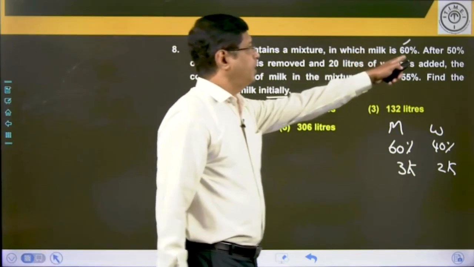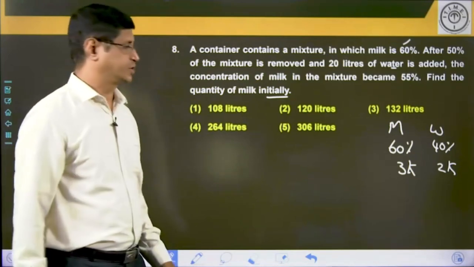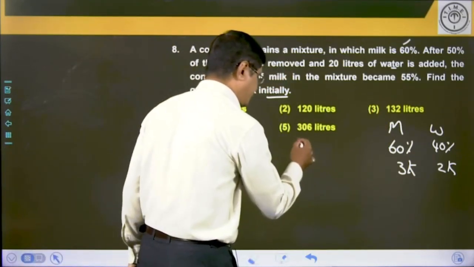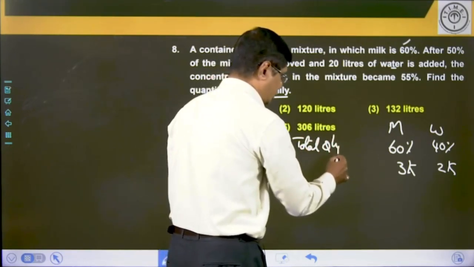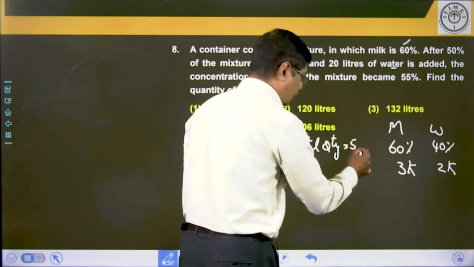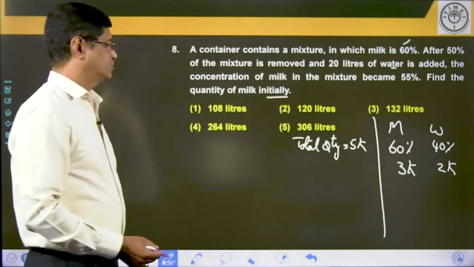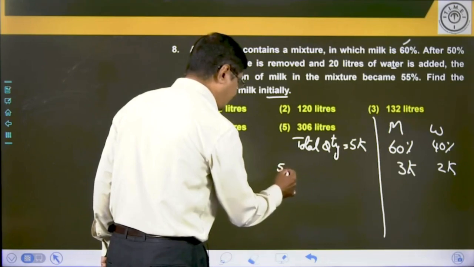If you observe, 50% of the solution is removed. What is the total quantity of the solution? 3K plus 2K, that is 5K. So total quantity is equal to 5K. From this 5K, 50% is taken out, so 5K by 2.